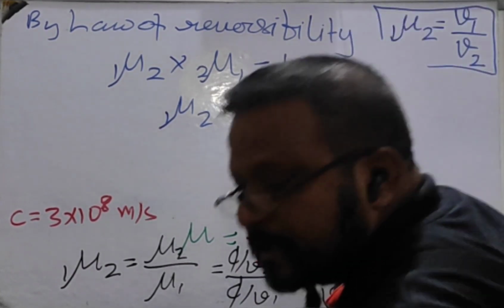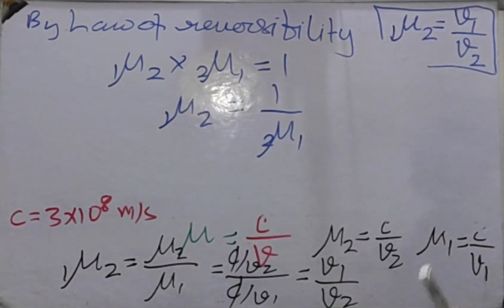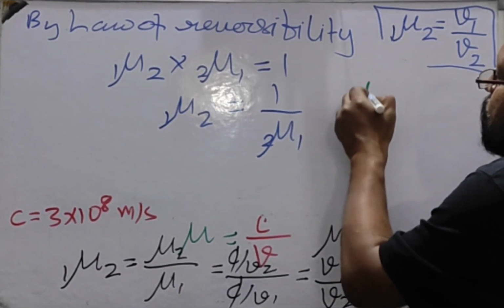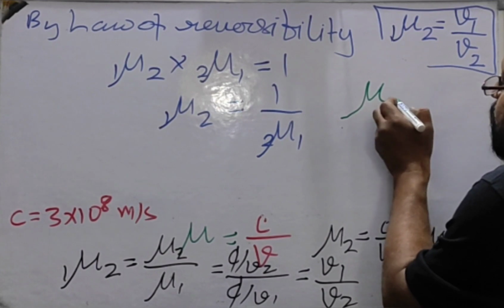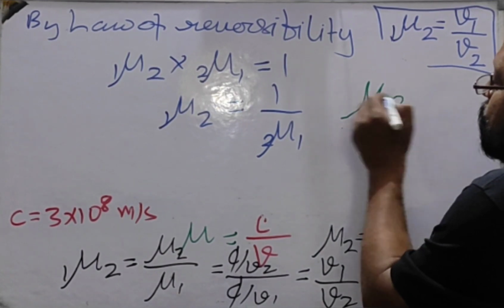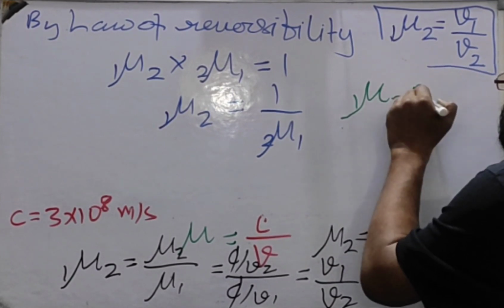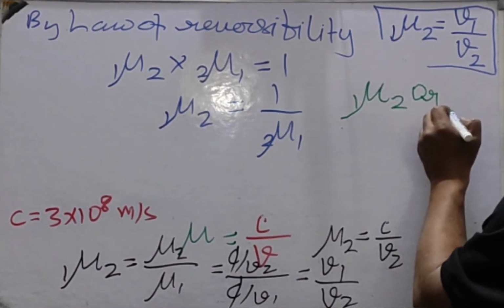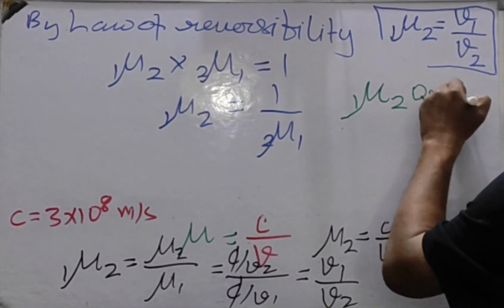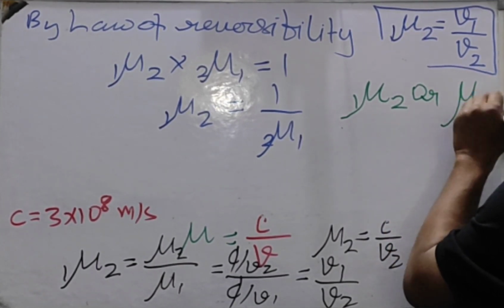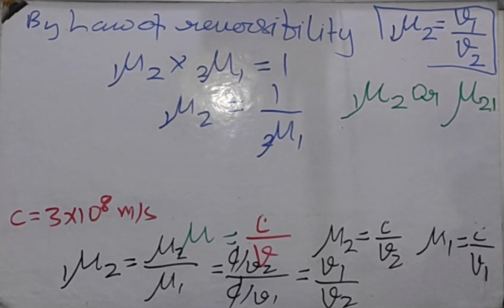You won't ask what is the meaning of this. You can write it like this: mu is equal to the refractive index of medium 2 with reference to medium 1, or sometimes it is written in your book, or sometimes in exams, as mu 2 1, like this.